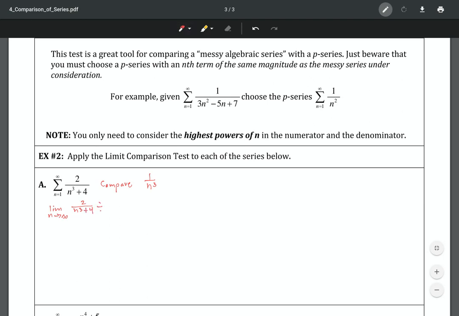And then we're going to divide that by a comparable function, which is this, right? Now, if I keep, change and flip, that would give me 2n cubed over n cubed plus 4.